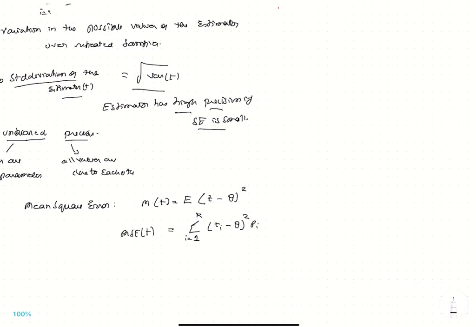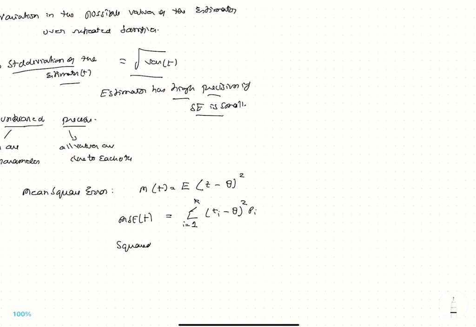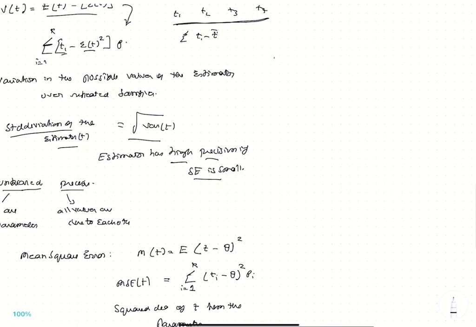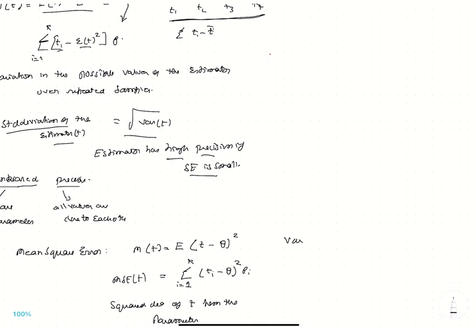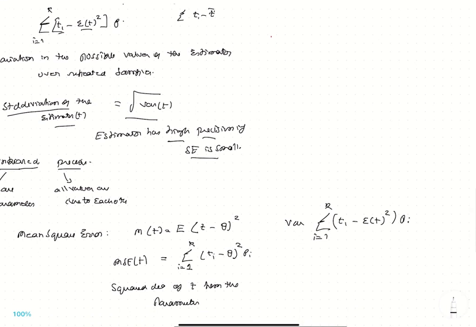MSE of t is the squared deviation of t from the parameter, while the variance is the sum of (ti minus expected value of t) squared times pi, the squared deviation of t from its expected value. So that's the difference.